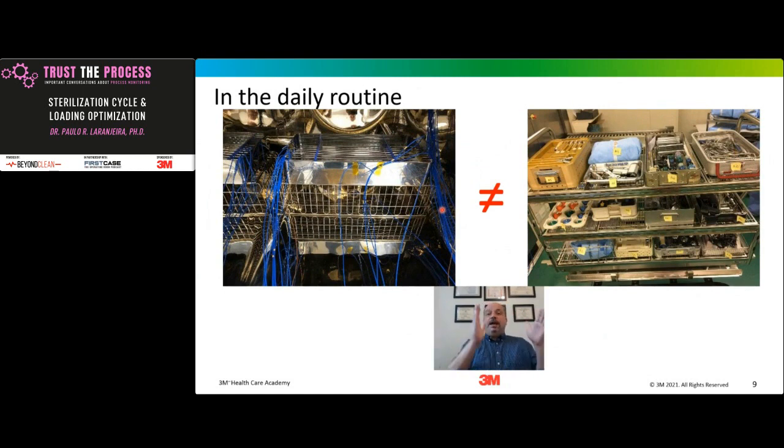That's why the IFU is validated only with that medical device. Then on our side, in a hospital, we have to put that device, compare the IFUs from the other devices, look at what we have, and plan the cycle accordingly to make sure everything is going to meet the requirements.